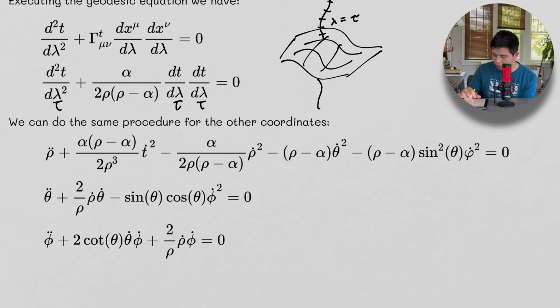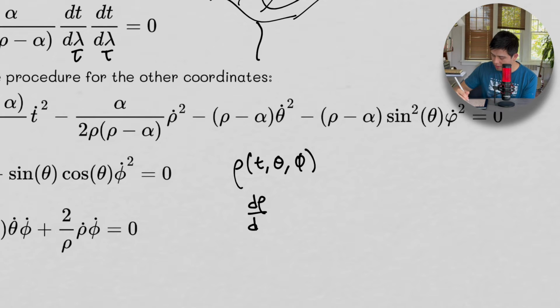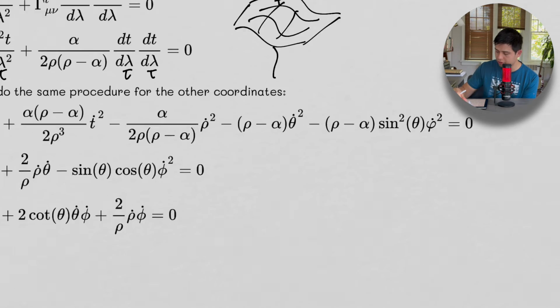So we can think of rho as a function of time, theta and phi. And so we can calculate, for example, d rho d phi, and that's something we're going to do in this video. And so let's get to that point.